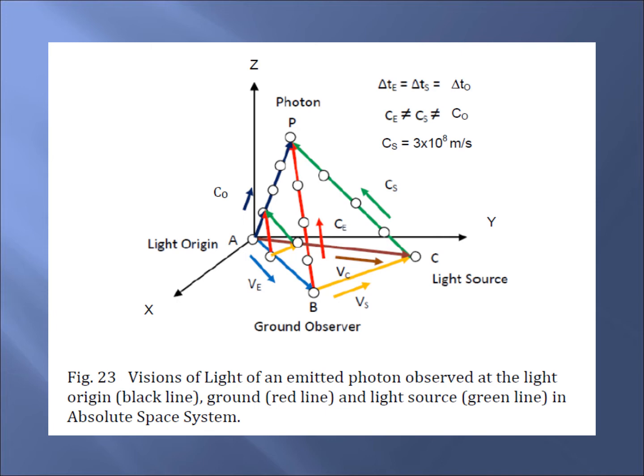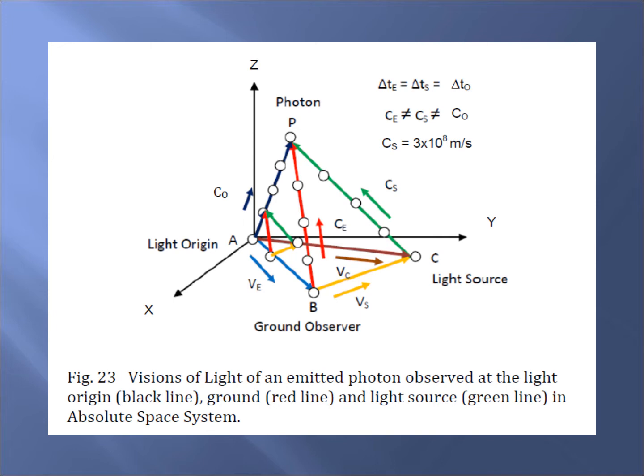Light speed at Earth equals BP red line over delta T equals CE. And the light speed at the light source equals CP green line over delta T equals CS, which is 3 times 10 to the 8 meter per second.